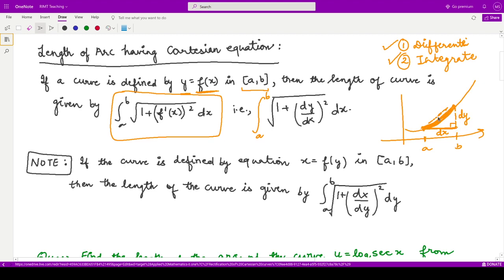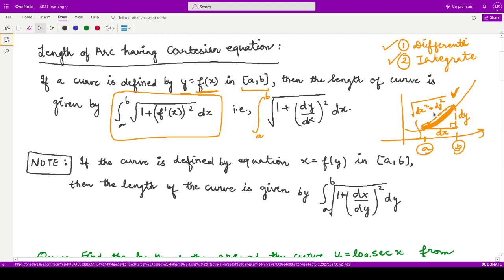So this length would be the square root of the square of dx plus the square of dy, using the Pythagoras theorem. So we are interested to calculate this length. This is for the very small portion over here. So when you integrate it from a to b, you will have the length of this whole curve.